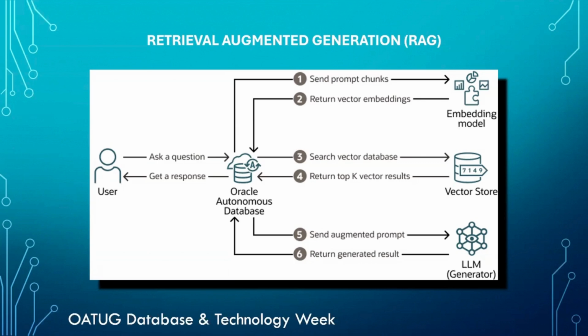For example, if you want the top 5 rows or top 10 rows, it's going to produce those results. Then it's going to send the augmented prompt to the LLM, and the augmented results return back. That gives more relevant data, and then that is passed back to the user as a response. So this is the flow of how RAG will be involved in Oracle 23 AI search functionality.